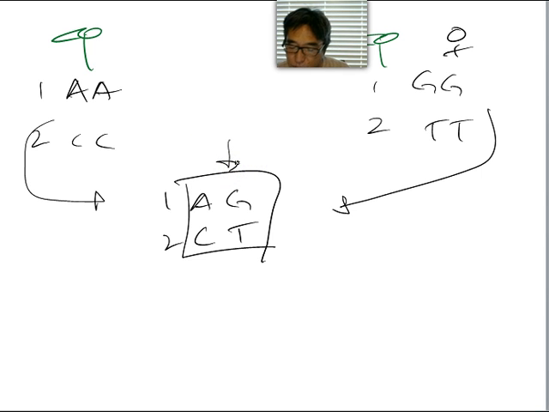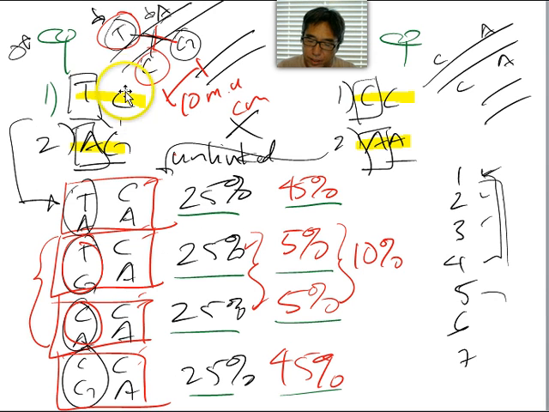So I think the only way to get mapping done is to have a situation where you have heterozygotes on one side, and homozygotes on the other side.